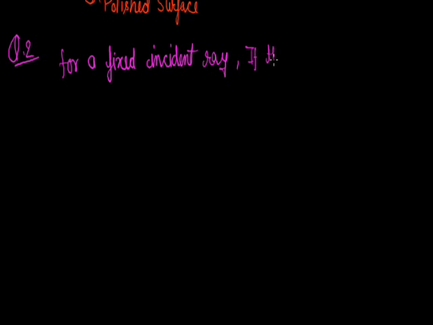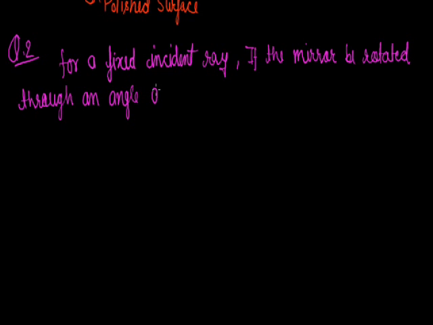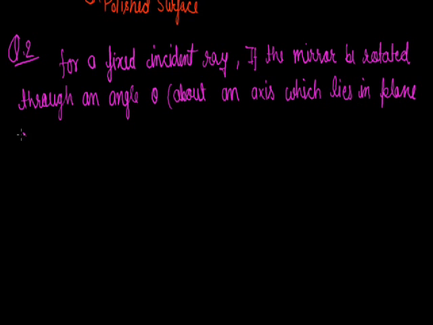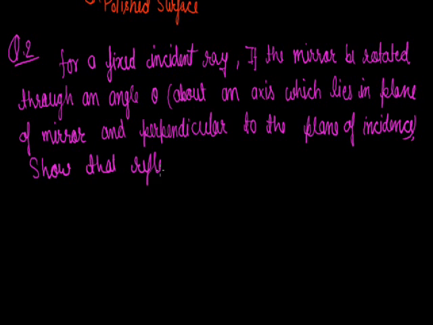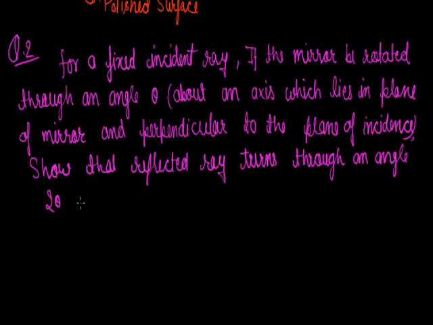If the mirror is rotated through an angle theta about an axis which lies in the plane of the mirror and perpendicular to the plane of incidence, then show that the reflected ray turns through an angle 2 theta in the same sense.